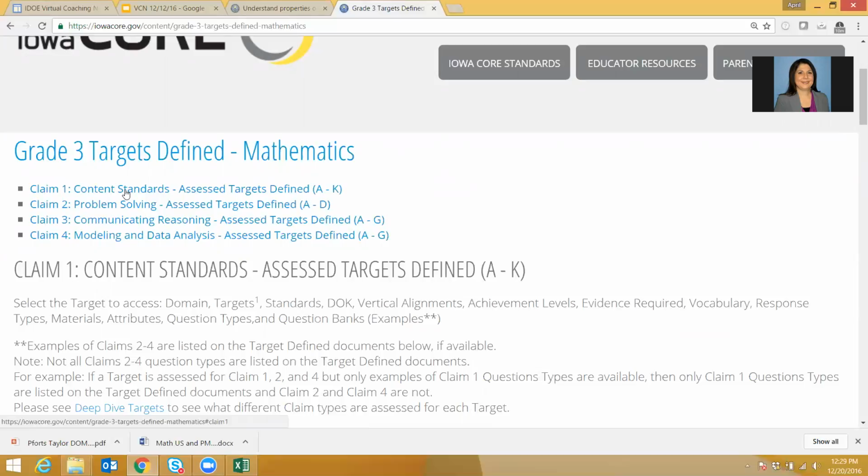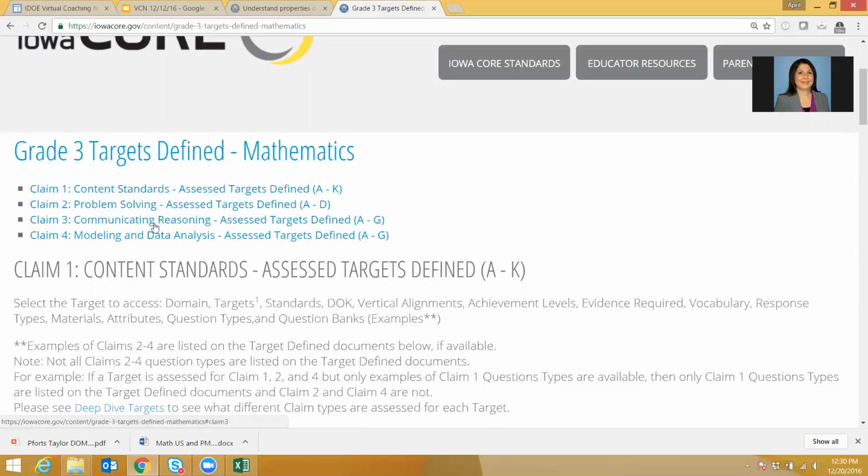Well, what does that look like? We get into the higher DOK levels within claim 2 through 4. That's where we take the standards for mathematical practices and we actually embed the content into it. So that's where I'm solving a problem that has the skills and procedures within that problem that are from the content standards.